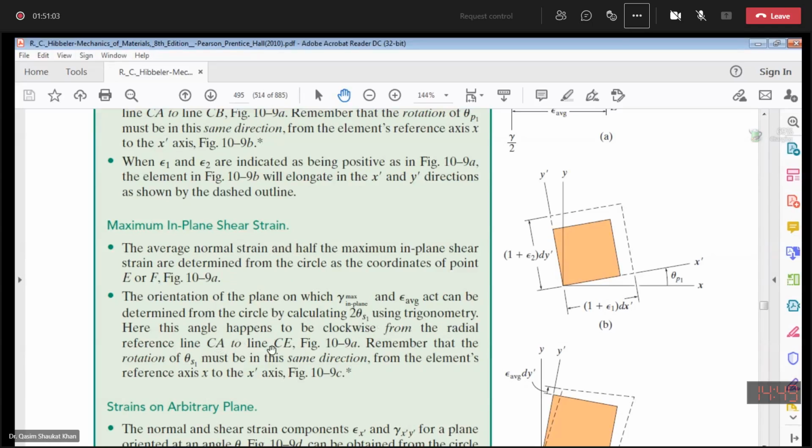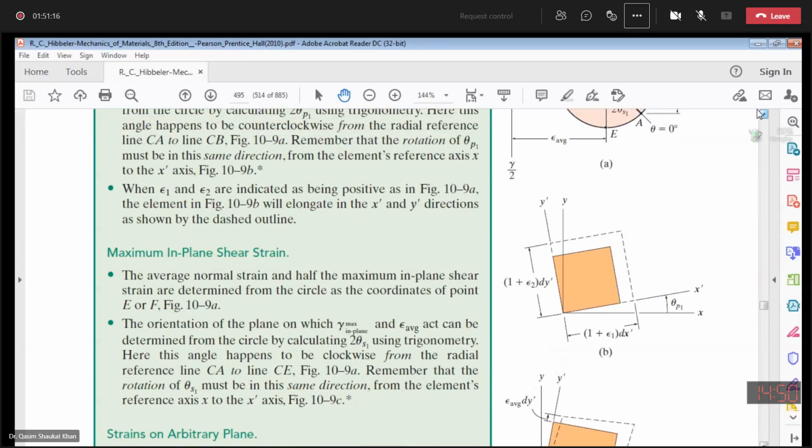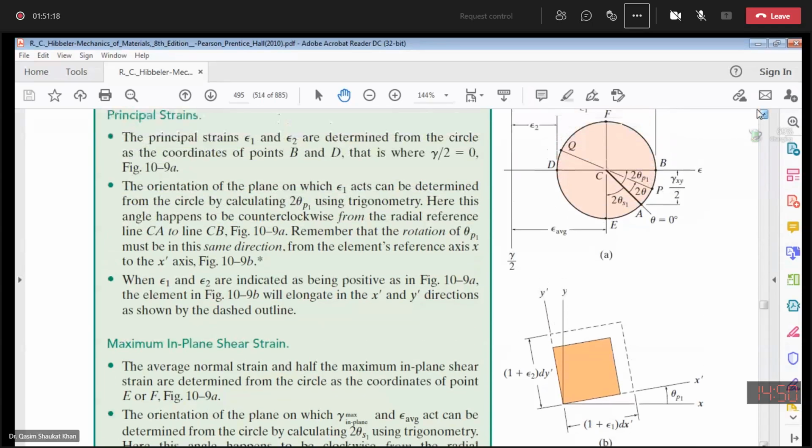Remember that the rotation of theta S1 must be in the same direction from the element's reference x-axis to the x dash axis. Any questions about this now? About the maximum in plane shear strain?